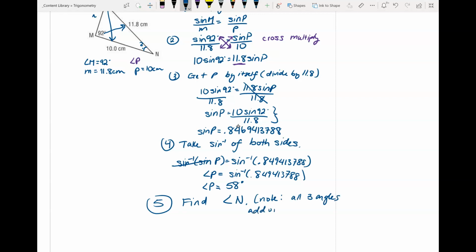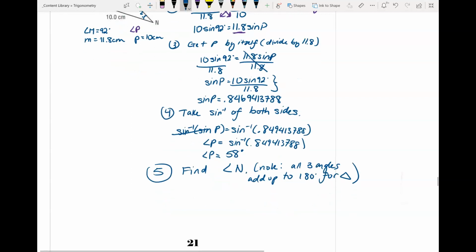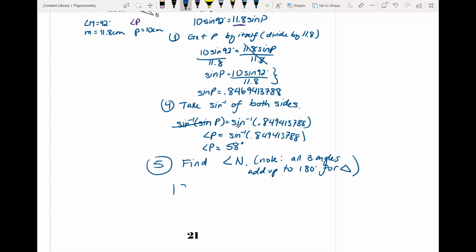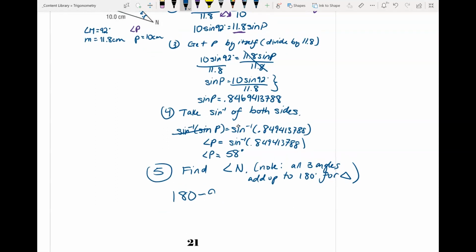They have to add up to 180 degrees for triangles. So I'm going to take 180 subtracted by the two angles, which is 92 degrees from the original question and from the angle we just found, which is 58 degrees. Our final answer then is 30 degrees, and that is angle N.